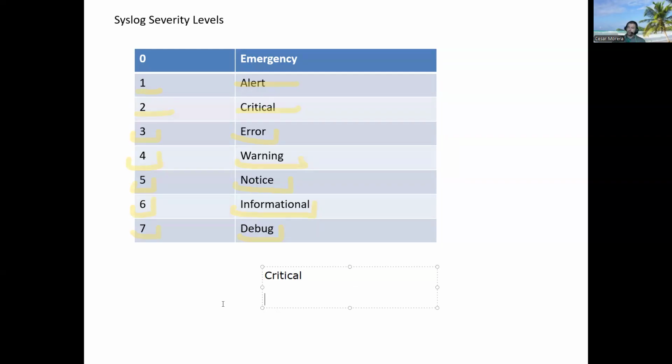Another question: what is level 5 in the log severity levels? It will be notice, and so on. What is level 6 in the log severity levels? That will be informational, level 6.